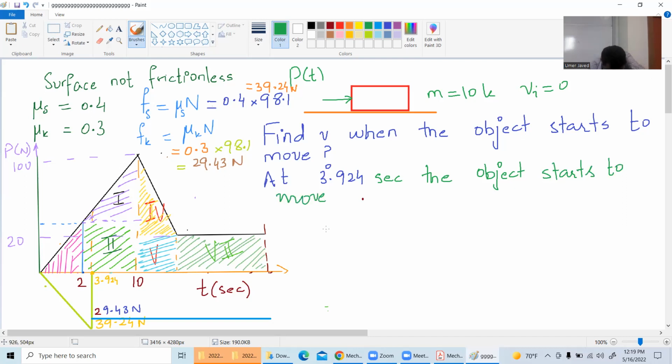So now that we know it, let's find the velocity at 10 seconds. Find velocity after 10 seconds or at 10 seconds, whatever.